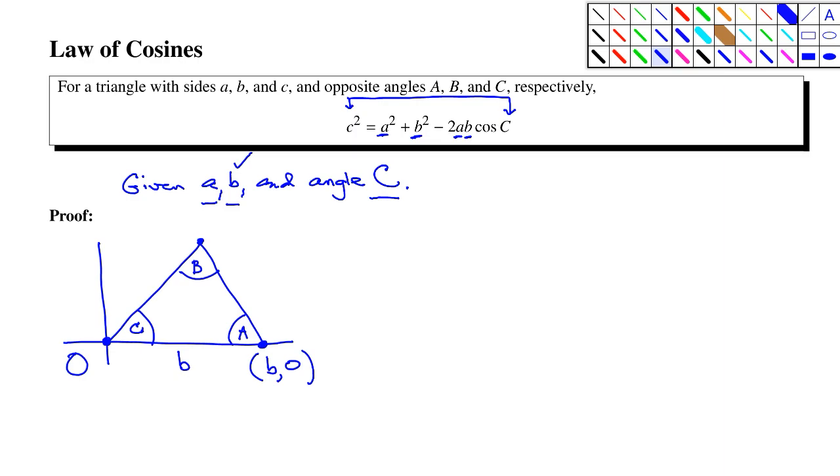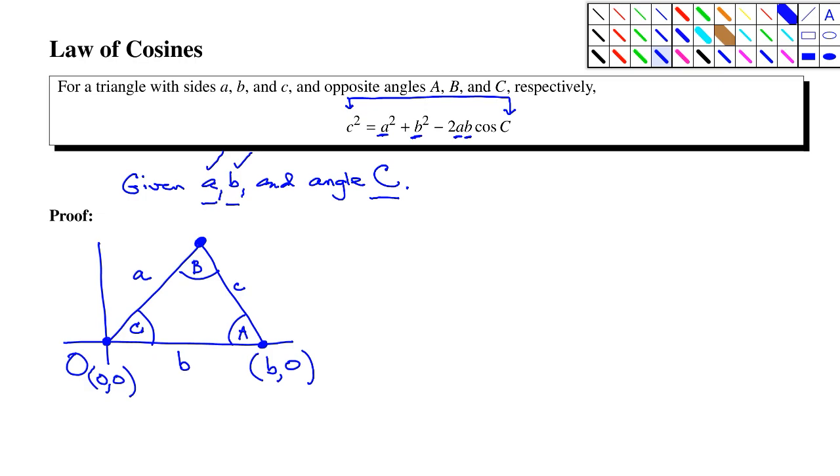We were also given side a, and that has to be across from angle A. Check. And then we have this side here, which is side c. So we have the origin (0, 0), point (b, 0), and now what are the coordinates of this point here at the angle that is B?